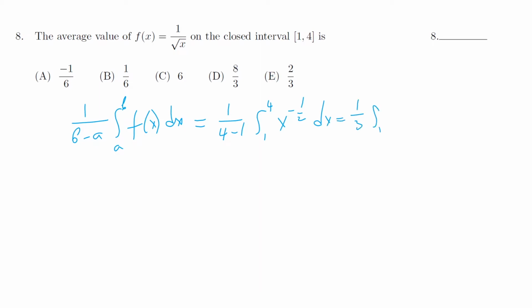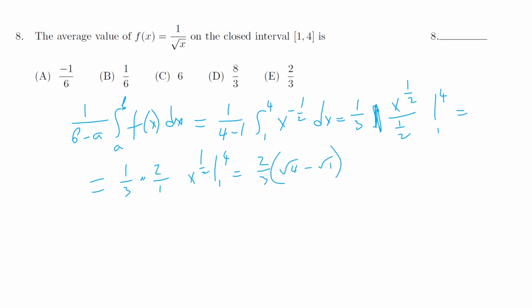So 1/3 times x to the 1/2 over 1/2 from 1 to 4. There's no c, so this is just 1/3 times 2 over 1 times x to the 1/2 from 1 to 4. So that's equal to 2/3 times root 4 minus root 1. This is just 1, so the answer is 2/3. E.